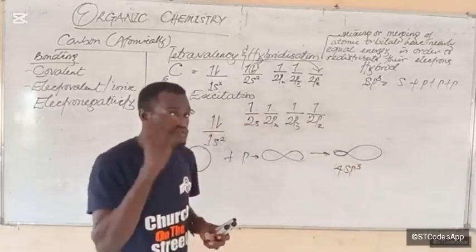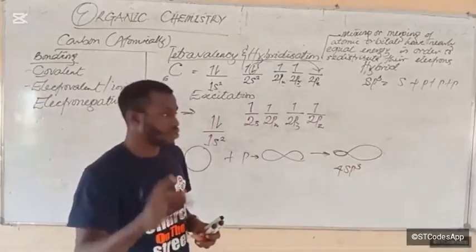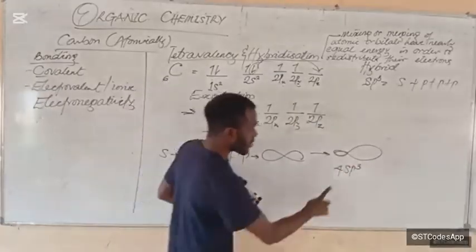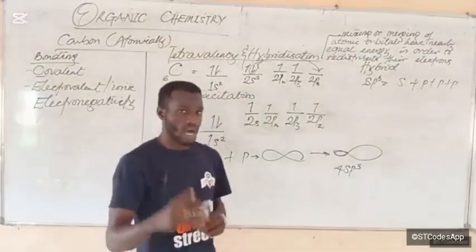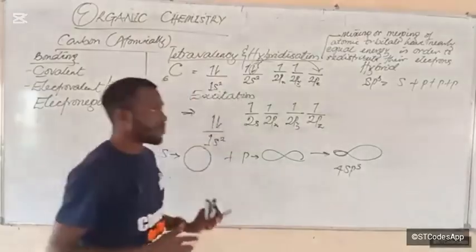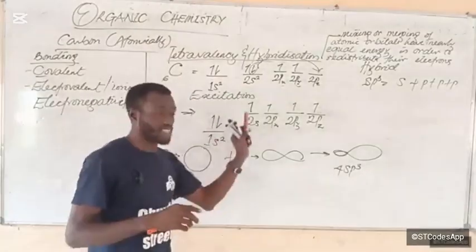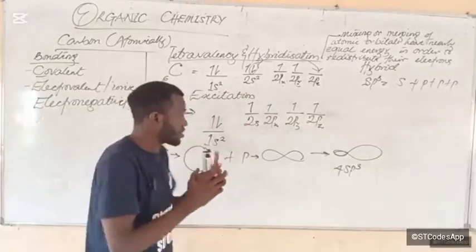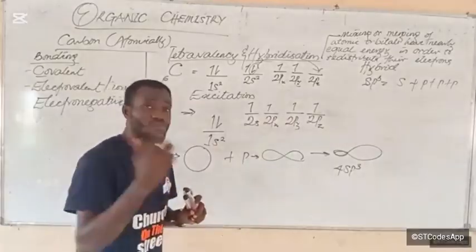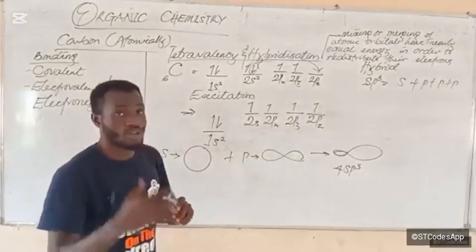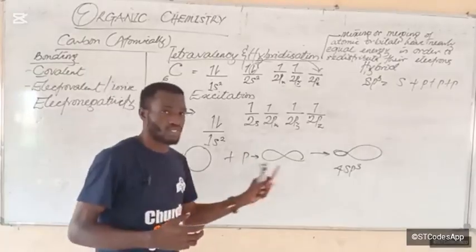We are going to form what? Four sp3 orbitals, which accounts for 4 bonds, or tetravalency, for carbon. I hope that is clear. After that excitation, if the 1, 2, 3, 4 orbitals mix together, then you are going to see 4 sp3 orbitals formed in the process.